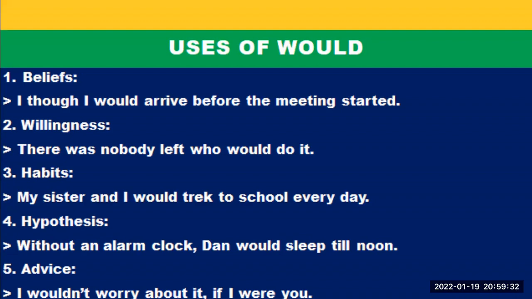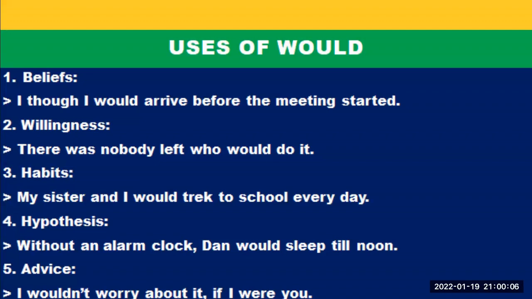Then another communicative function of would is in giving advice. I wouldn't worry about it if I were you. You can also use it to express a wish, all right? For example, I wish you would do one thing or the other.